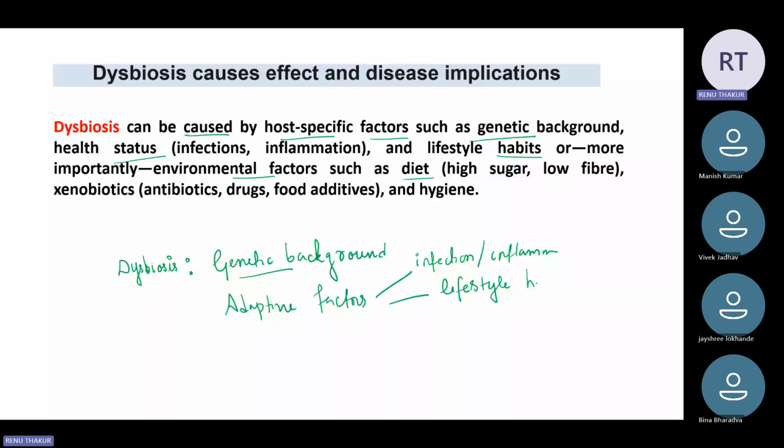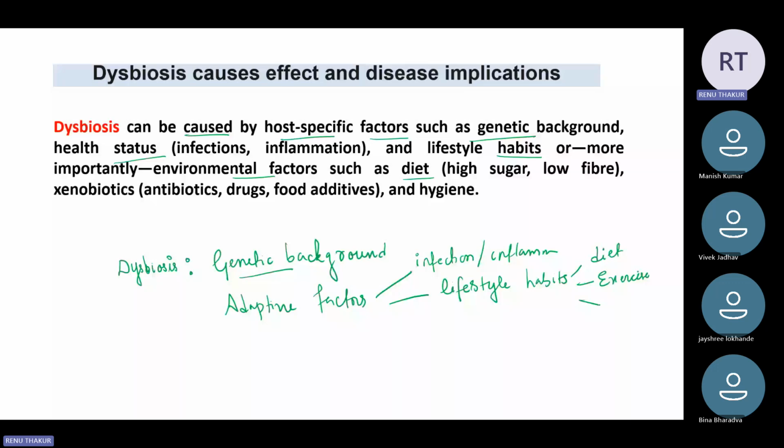In lifestyle habits, it may have the diet, whether we are doing exercise or not, whether we are having a very active lifestyle or a sedentary lifestyle, and whether we are on a medication or not, any kind of drugs, xenobiotics, drugs, food additives.